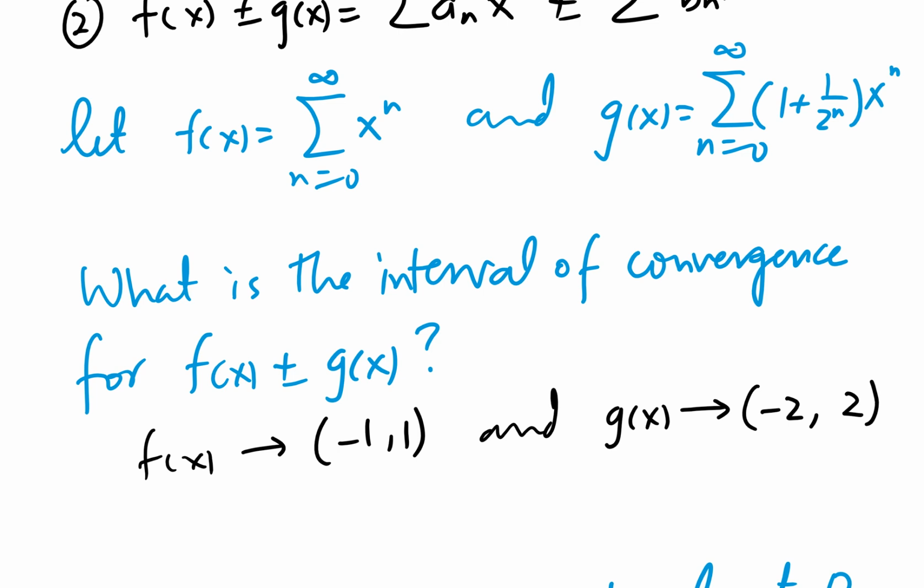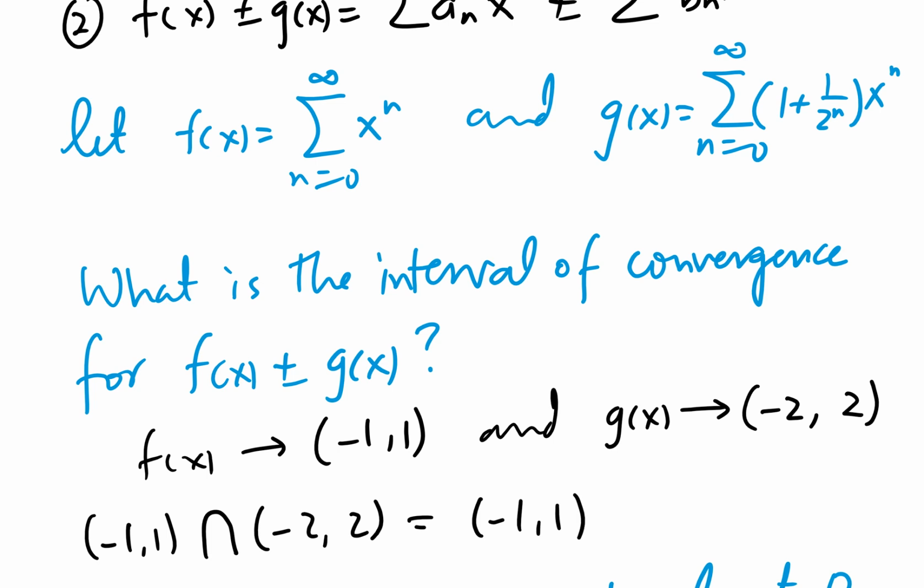What matters to me now is how am I going to find the interval of convergence for the sum and the difference. So the way it works is that you take the interval of convergence for the first one and the interval of convergence for the second one. So we take -1, 1 and -2, 2 and intersect them. The upside down U means intersection. And the intersection for these two is -1 to 1.